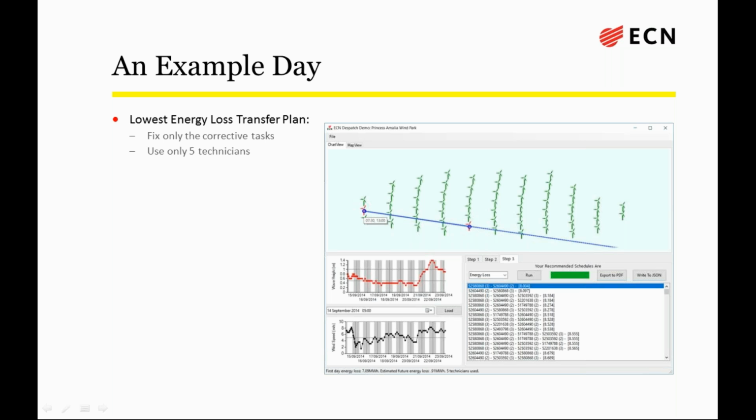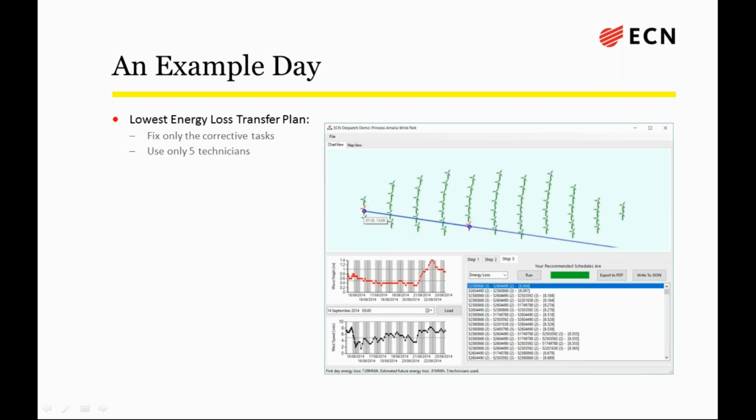Now, as can be seen, the best transfer plan uses 5 of the 12 technicians which were available, fixing the 2 failed turbines and not the others. So, logically, we've been successful. The optimizer has found the plan that we already believed, from thinking about it before, would be the optimum.